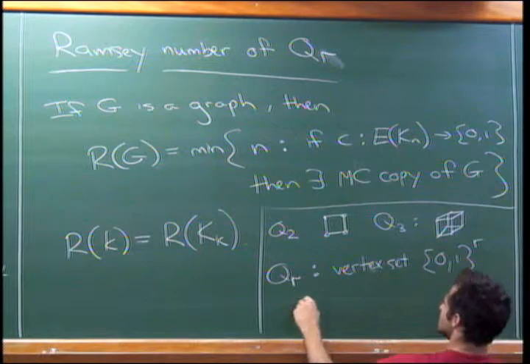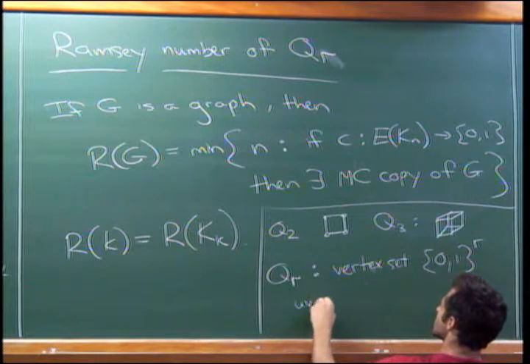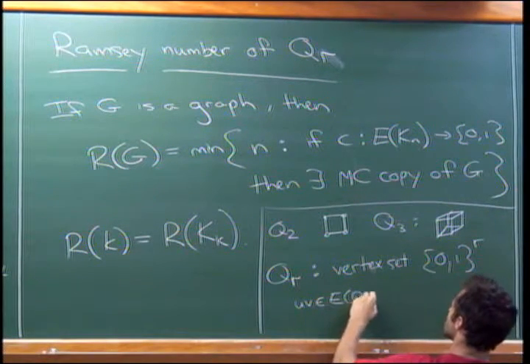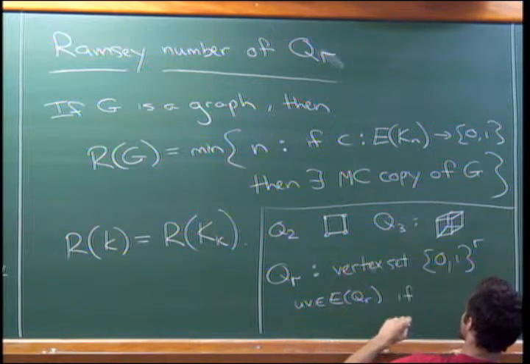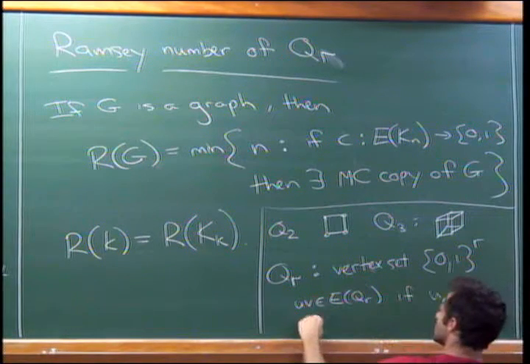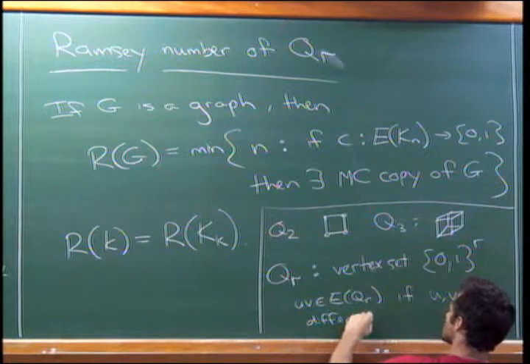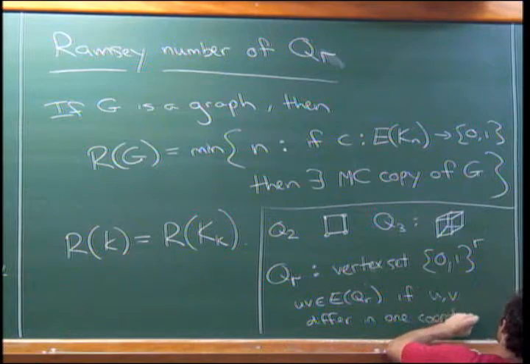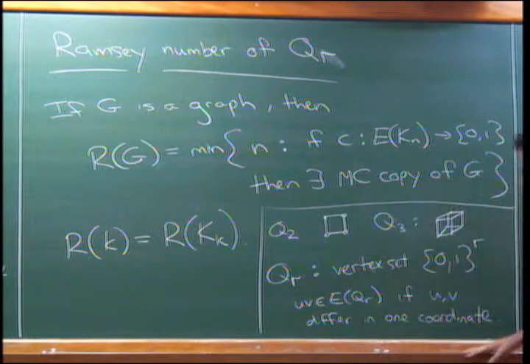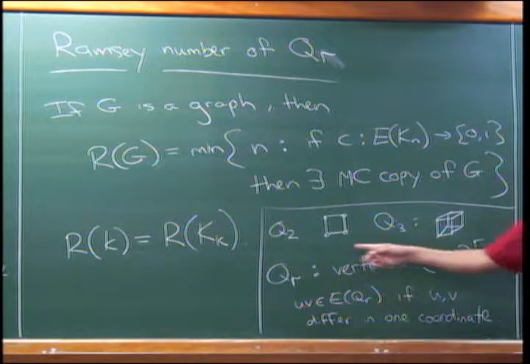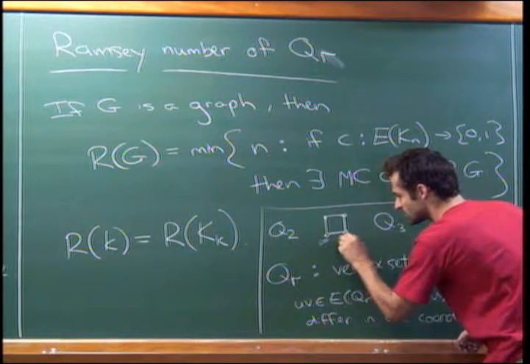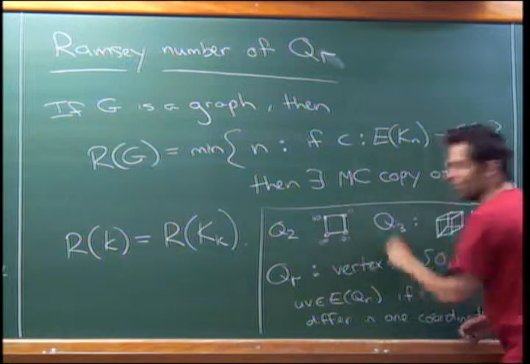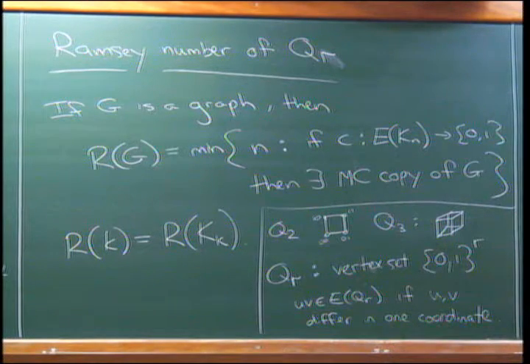So uv is an edge of Q_r if u and v differ in exactly one coordinate. So that's the case here. This is 00, 01, 10, and 11.